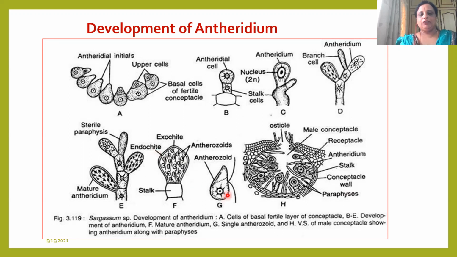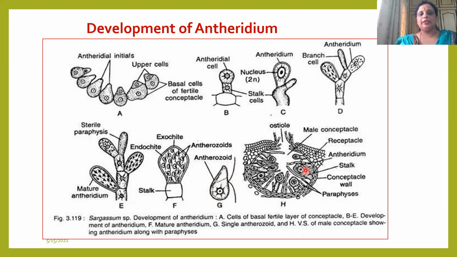If you observe each anthrozoid, it is single celled, has a single nucleus, and the anterior end is pointed, and its lateral end has two different kinds of unequal flagella. One is whiplash, the other one is tinsel. That is a characteristic feature of the Phaeophyta, that is brown algae.